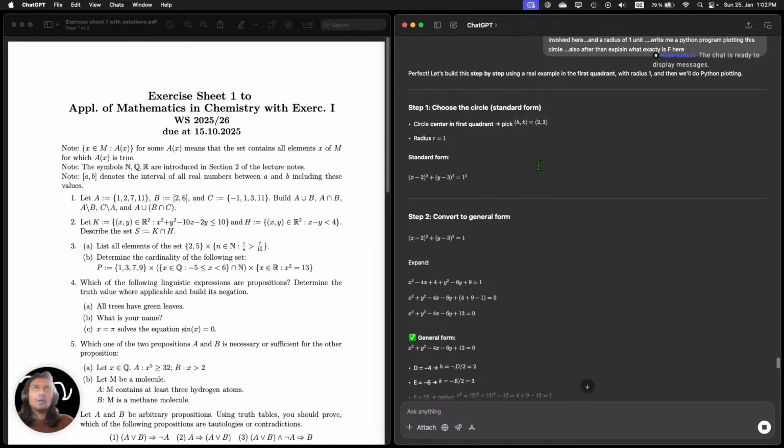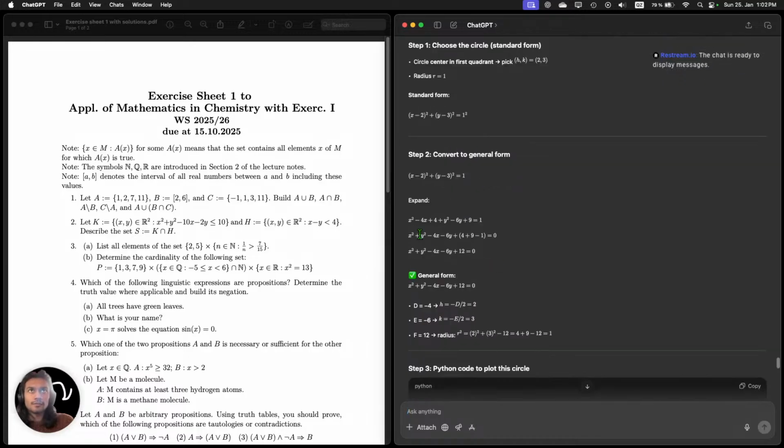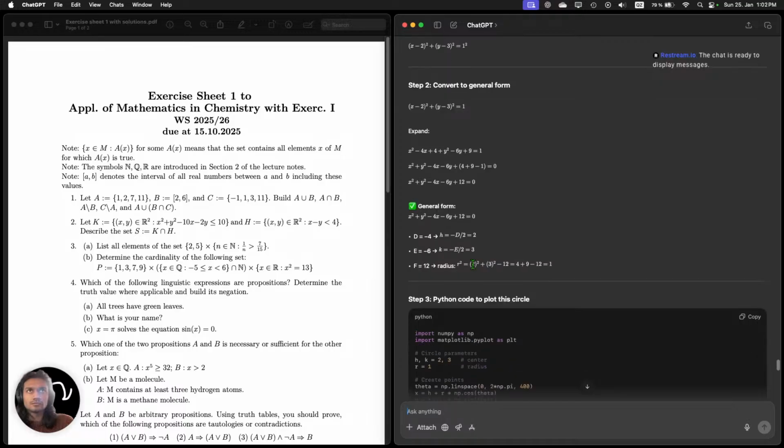Radius 1. That's the standard form. Convert to general form: x squared plus y squared minus 4x minus 6y plus 12. So here 12 is the f, right?